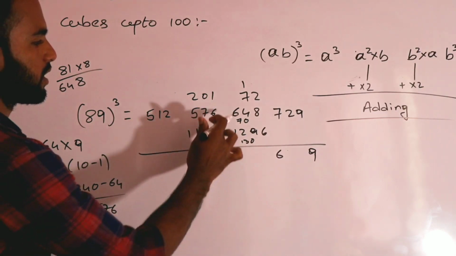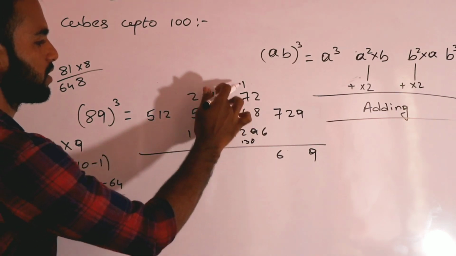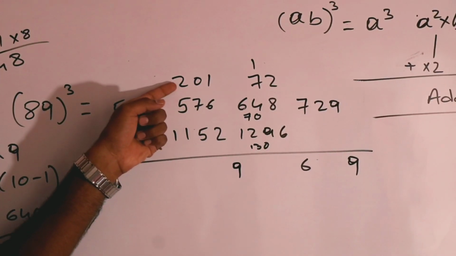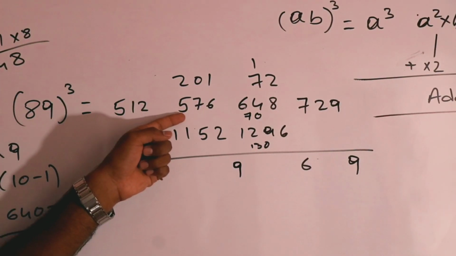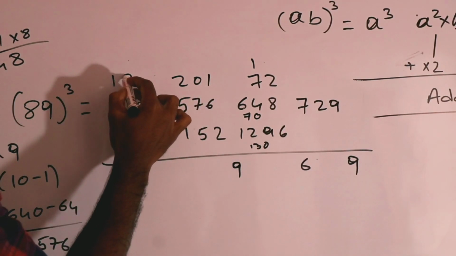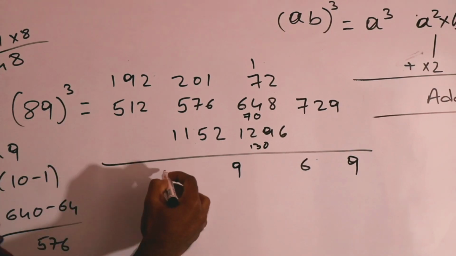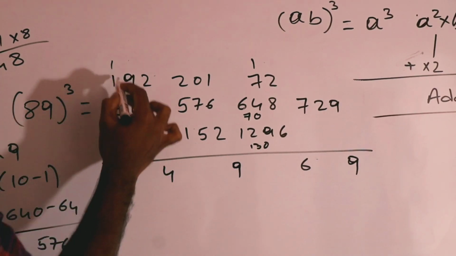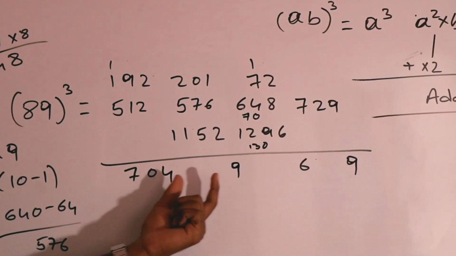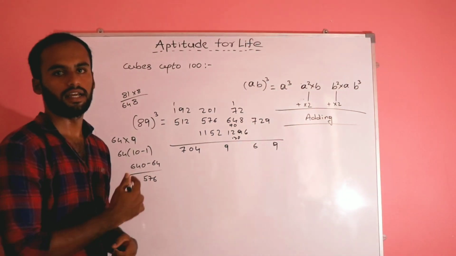Write the last term as it is. 6 plus 2 is 8, 8 plus 1 is 9. 115 plus 20 is 130, 135, 135 plus 50 is 185, plus 7 is 192. 2 plus 2 is 4, 9 plus 1 is 10, 5 plus 2 is 7. 704969 is the 89 cube.